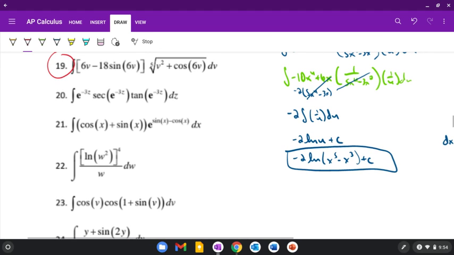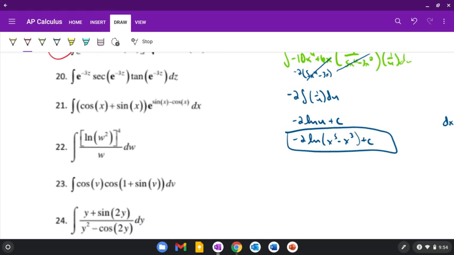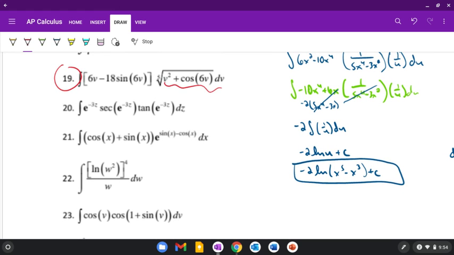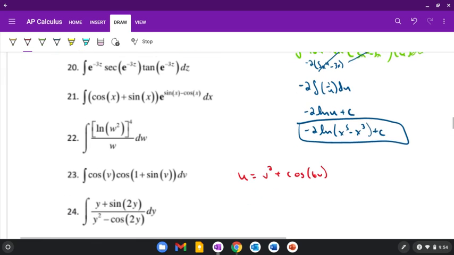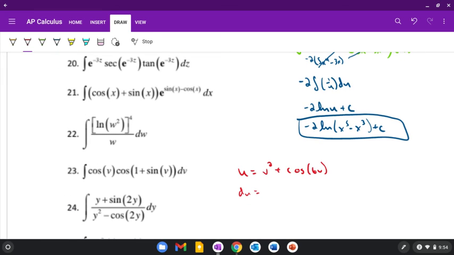All right. So for that one, our u choice is going to be inside the radical there. That will be a good u choice. So u is going to be v squared plus cosine of 6v. Then du is going to be 2v. Derivative of cosine is minus sine, so I'm just going to write a minus there.